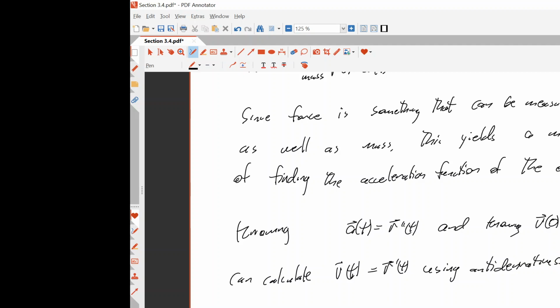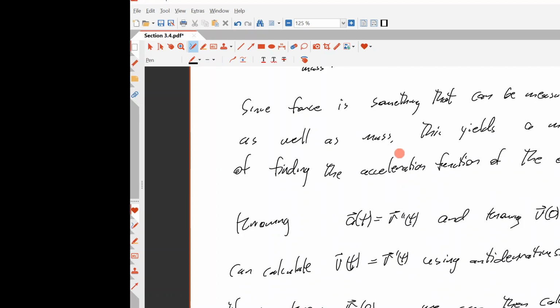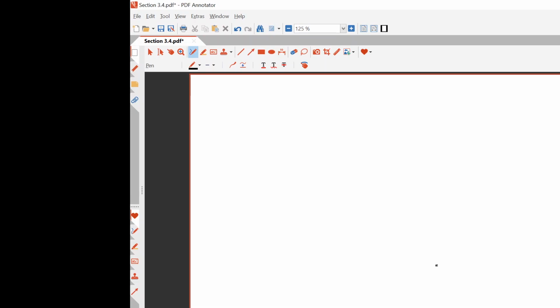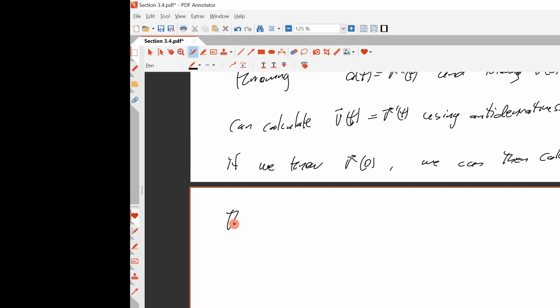Then, if we know the initial position, r0, we can then calculate position, r of t.